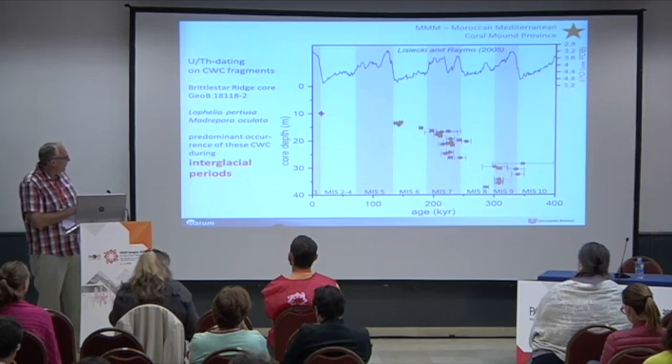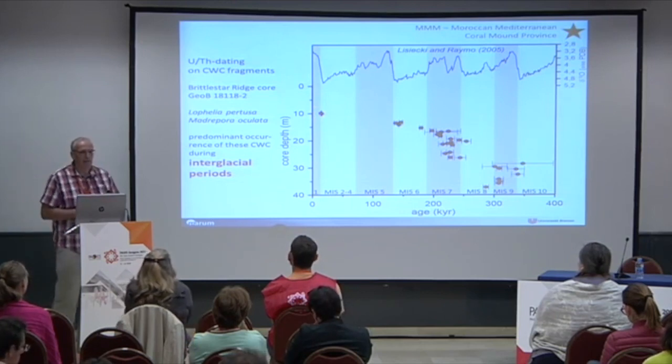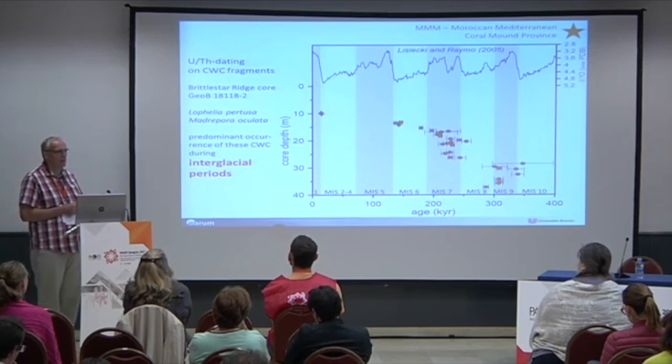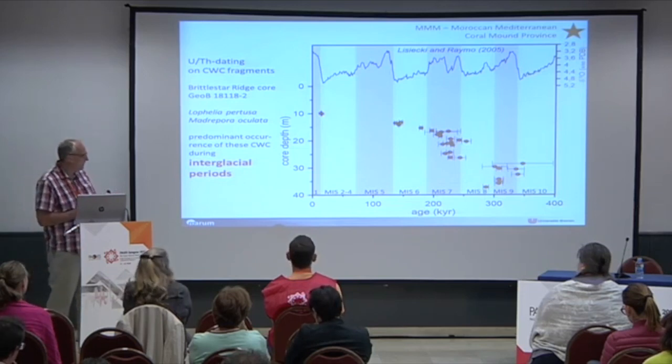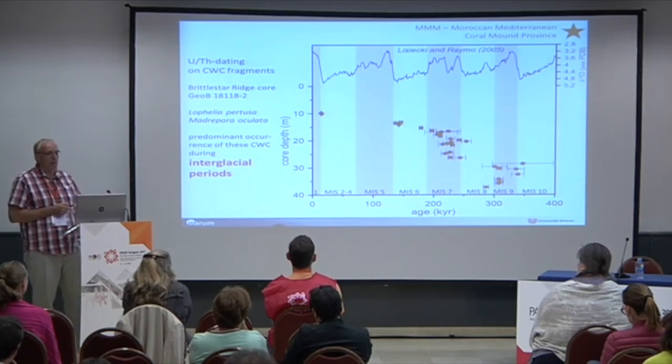At the onset of the Holocene, we have some data here from the shallower records. We have more data, and you see the onset of the Holocene is at 10 meters sediment depth. So over the Holocene, we accumulated 10 meters of sediments bearing these cold water coral fragments, and that's the average.